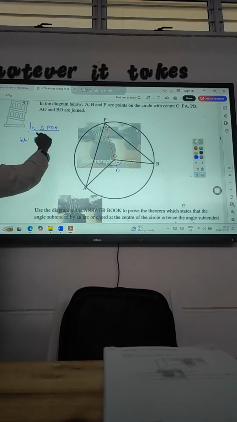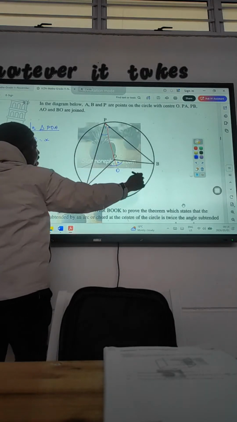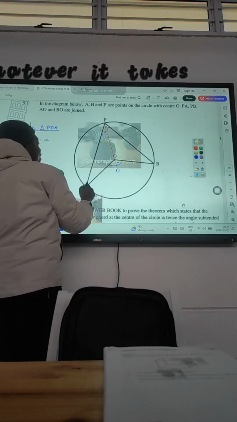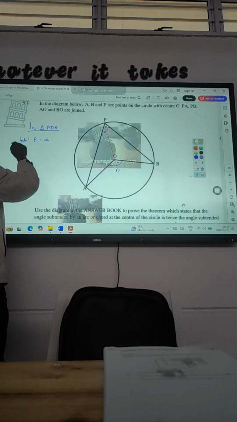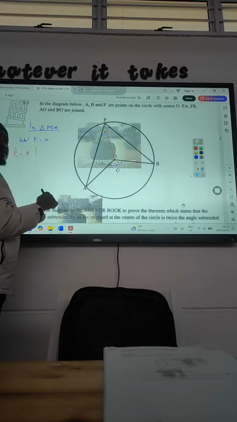Let our P1 be equal to X, and then this will in turn become X, and then we'll say your P1 equals A. What is the reason why it was equal to A?